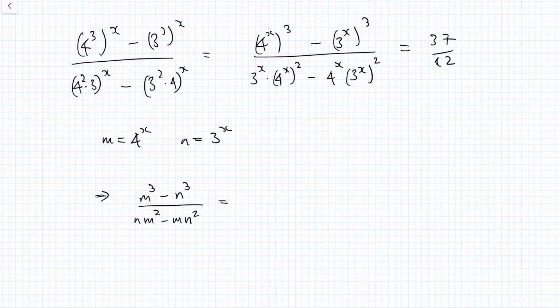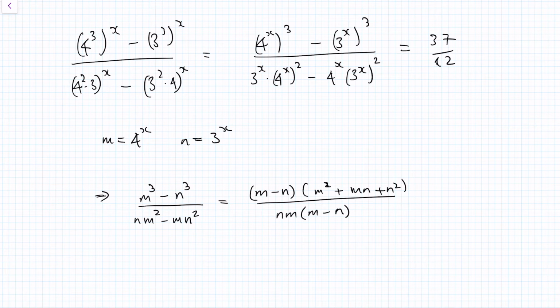We can factorize it, so it's m minus n into m squared plus mn plus n squared, divided by, if you factorize mn, you get m minus n here, and that's equal to 37 over 12.